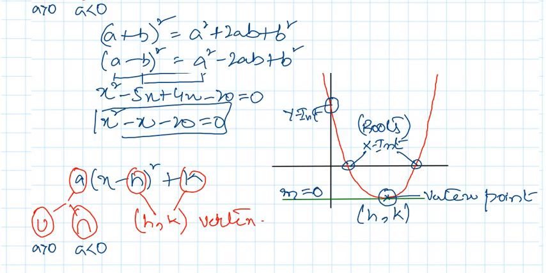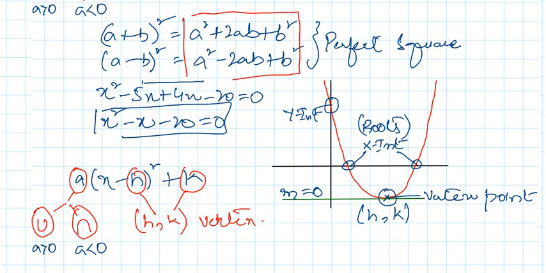So we already know that these two are called perfect square formulas. We'll try to achieve this form which is given on the right hand side to complete the square.